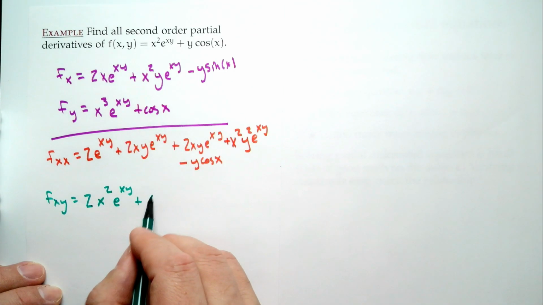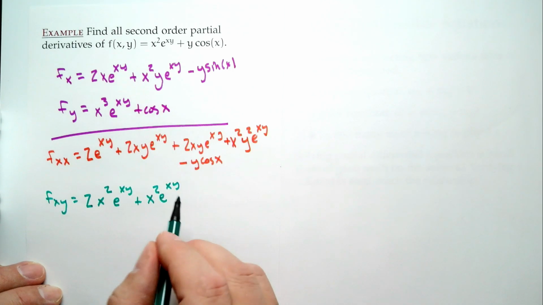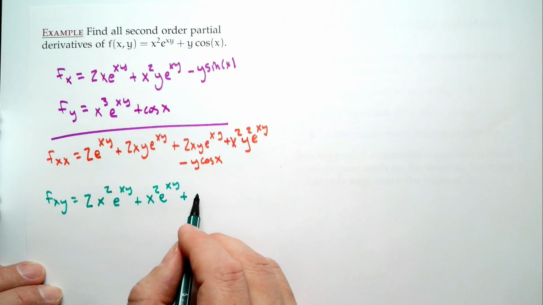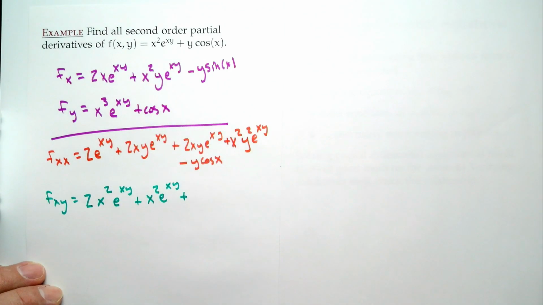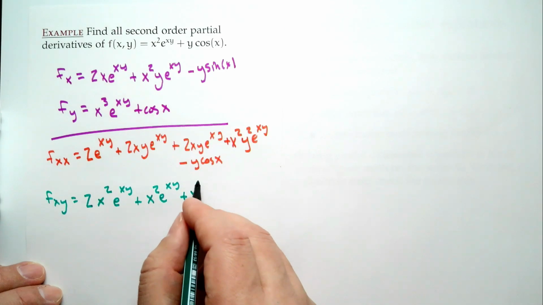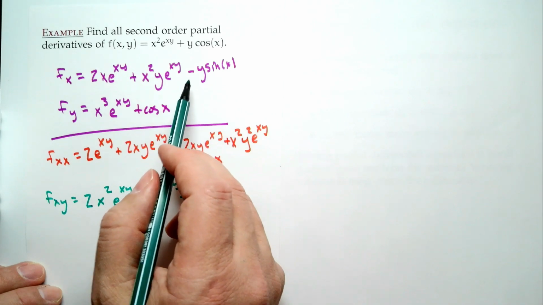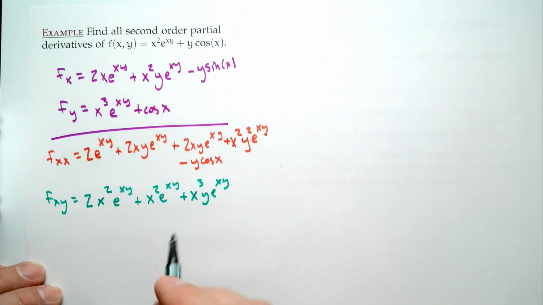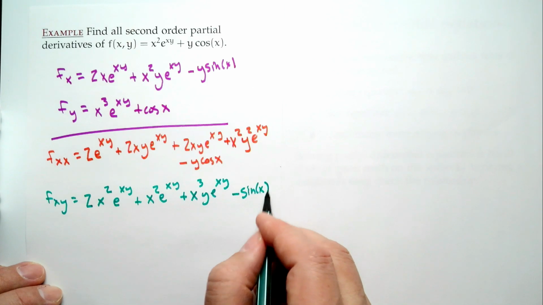Derivative of that will be x squared, and then I'll have e to the xy, plus x squared y times the derivative of e to the xy with respect to y, which will give us x cubed y e to the xy. And then the derivative of minus y sine of x with respect to y will be minus sine of x.